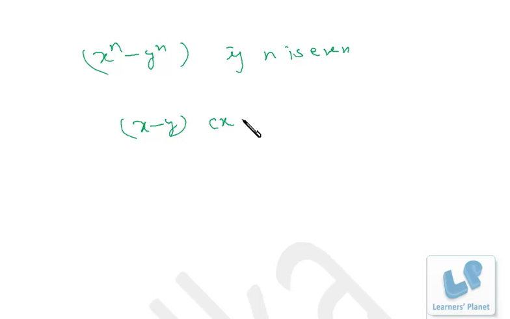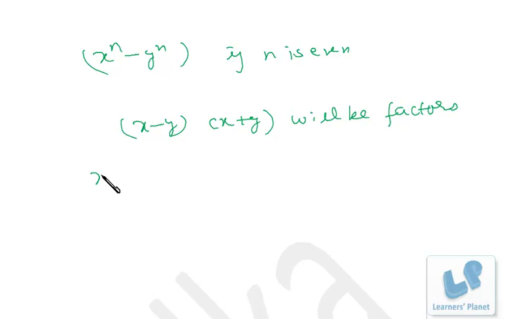Now we take a generalized expression, say x raised to n minus y raised to n. If n is even, the minimum value of n will be 2, so in that case x minus y and x plus y will be factors.